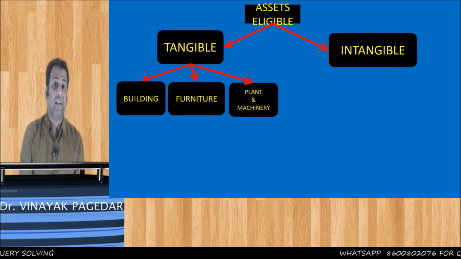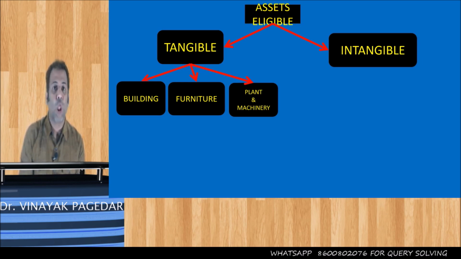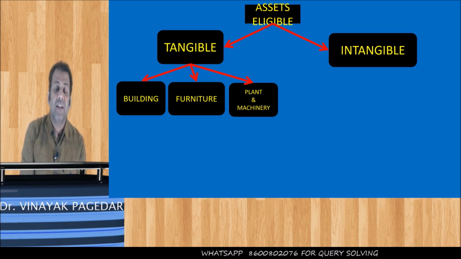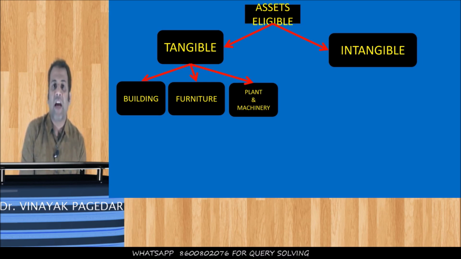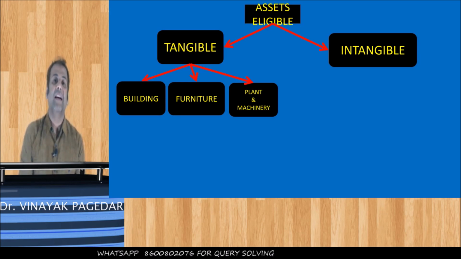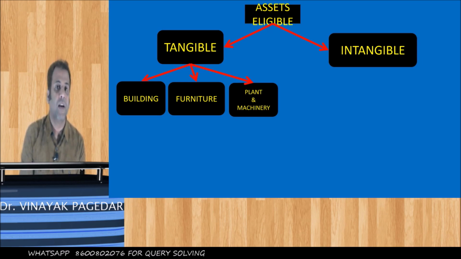Now, intangible assets: KPCTLF. Know-how, patents, copyrights, trademarks, license, franchise, or any other commercial or business right of a similar nature.